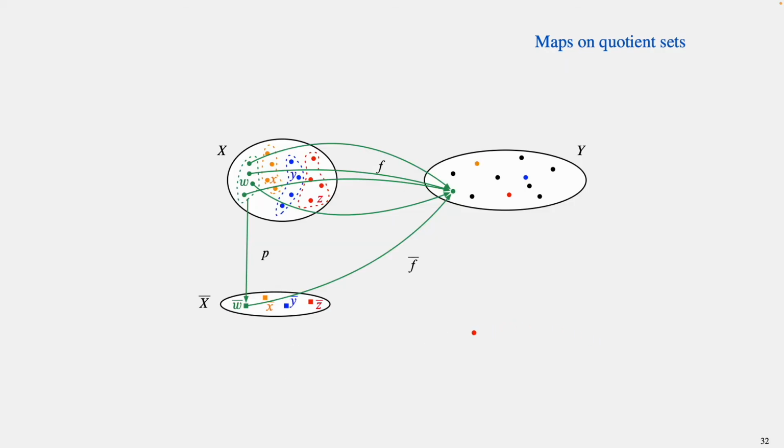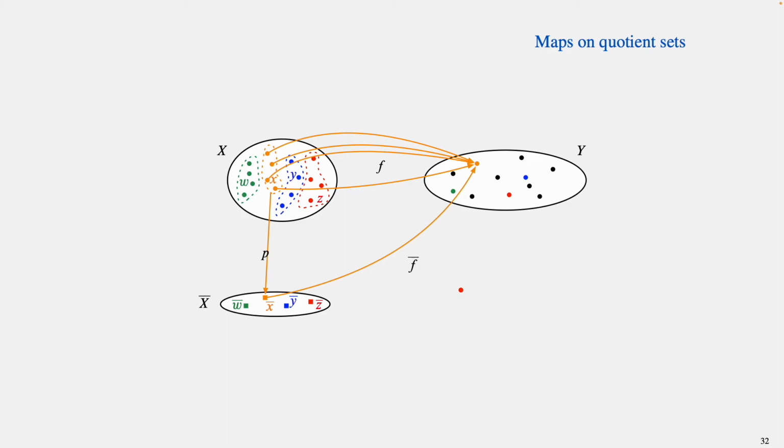Now to illustrate what should happen here, if F is constant on each equivalence class, that means that all the elements in one equivalence class are mapped to the same element in Y. Now the canonical map maps all of these to one element in X bar, and because they're all mapped to the same element here, we can now prescribe that F bar should map the equivalence class to this particular element that all the elements of the class are mapped to.